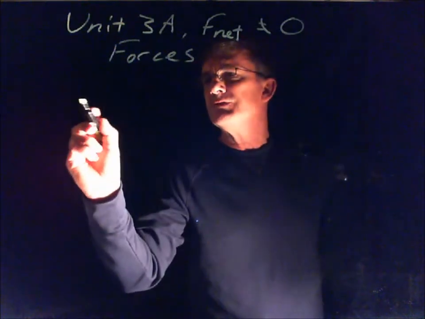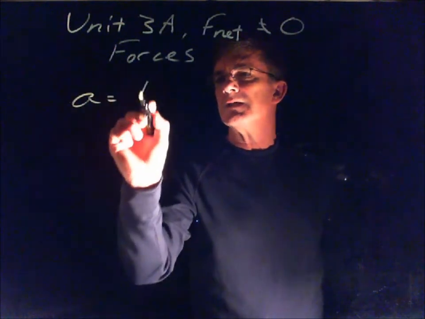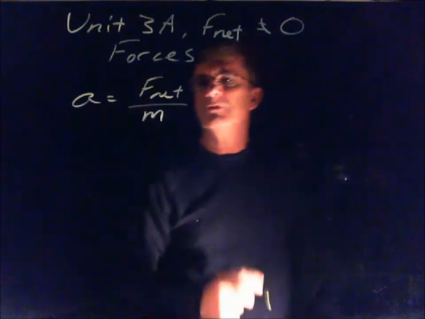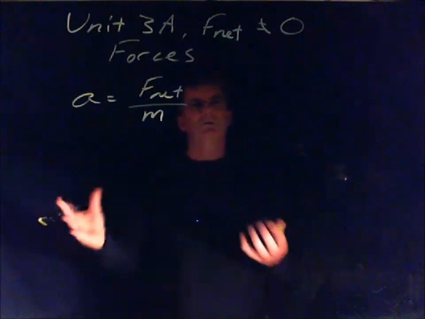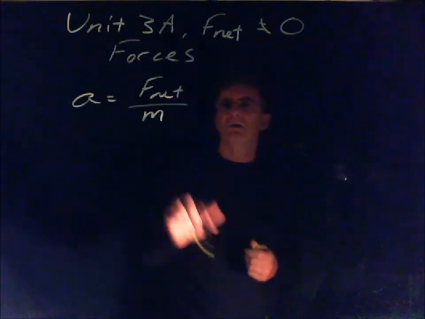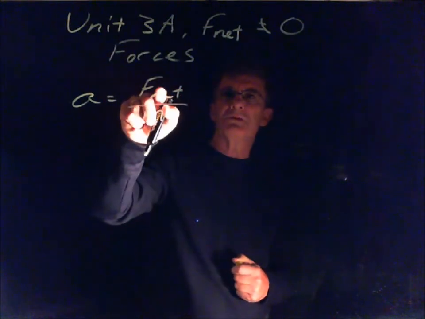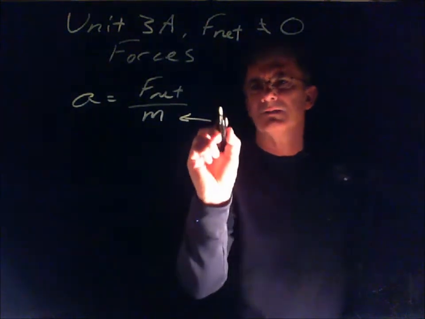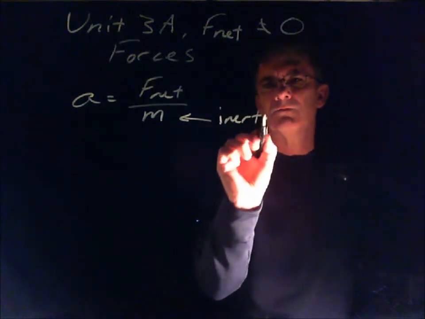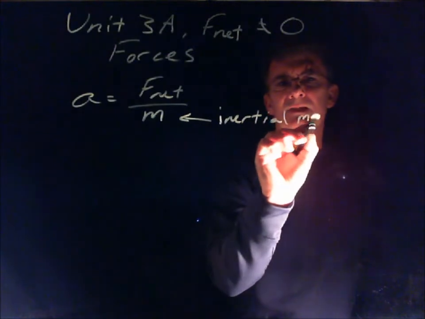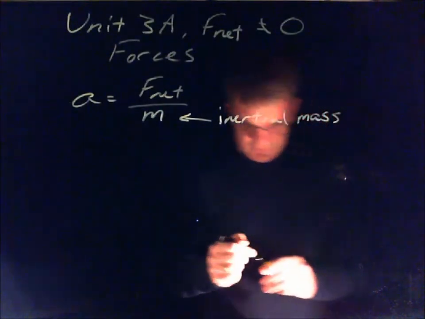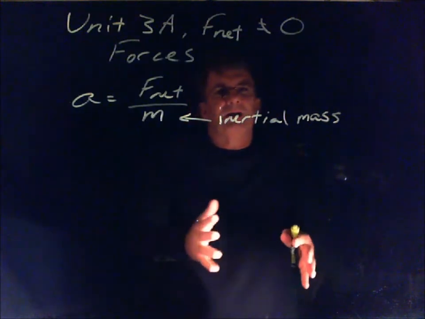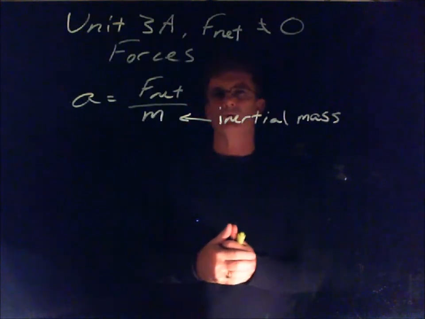So the first thing that comes to mind is that acceleration is equal to the net force over mass, which is just Newton's second law. This is what we're dealing with. If this is non-zero, we are always going to have a mass. Be a little careful. This M technically refers to inertial mass, the mass of a body that resists a change in motion.